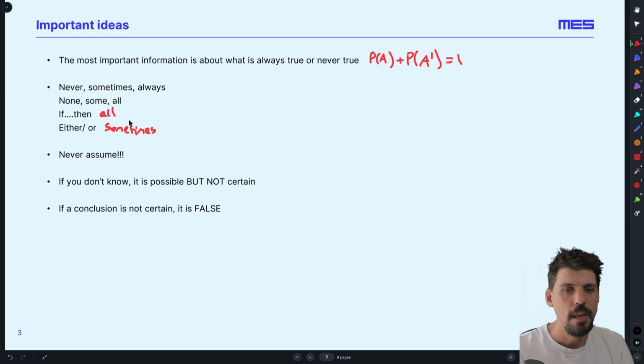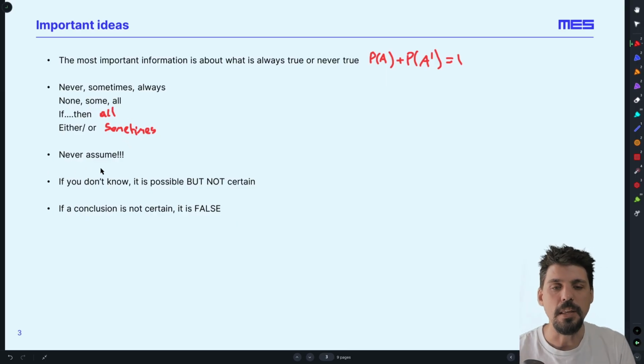Okay? Now, never assume. The only things that are true when we look at the conclusions are things that are explicitly said in the premises or that we can deduce. But never assume. If it's not spoken about, we don't know. And if we don't know, it's possible but not certain. And here's the key. If a conclusion is not certain, it is false.